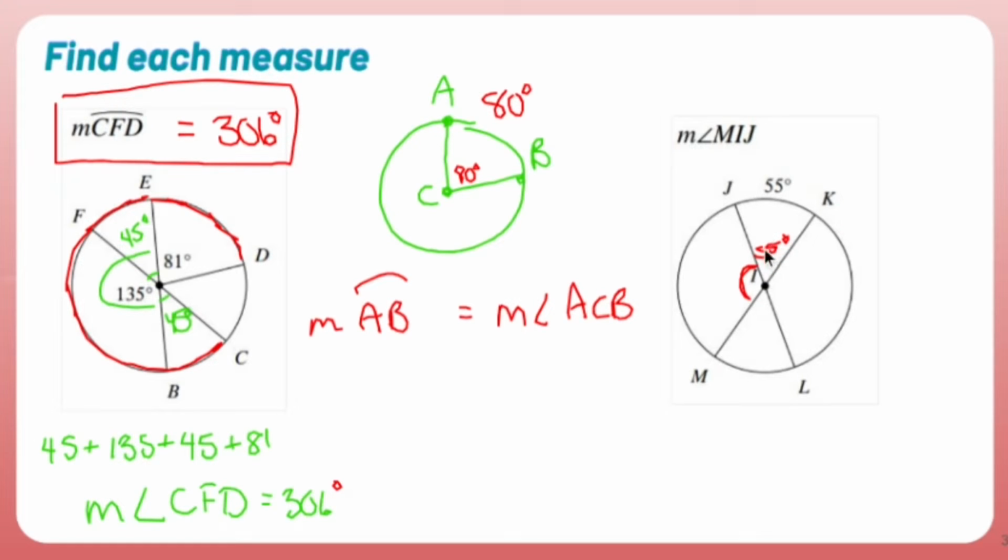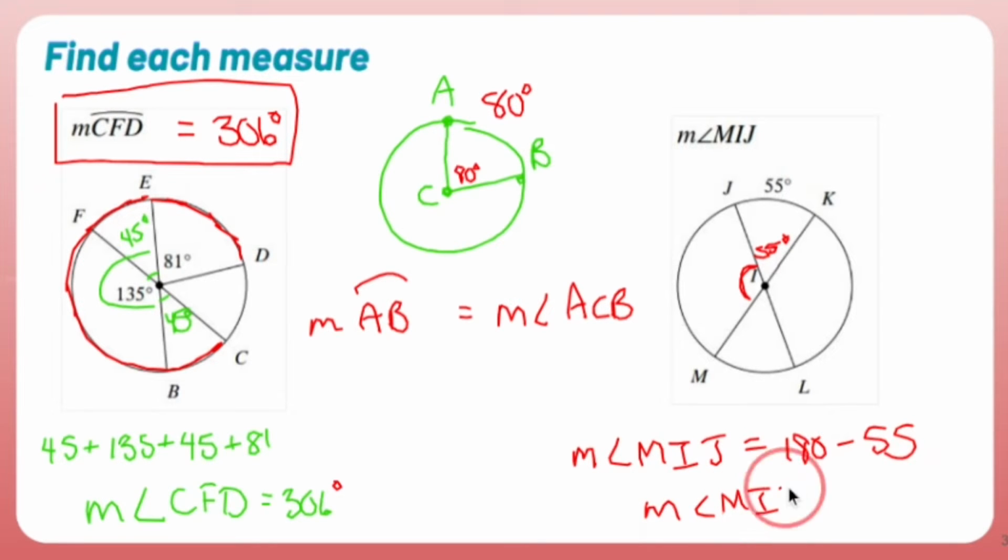So if this is 55 and this is a straight line, these add up to 180. So the measure of angle MIJ is 180 minus 55, which gives me 25.